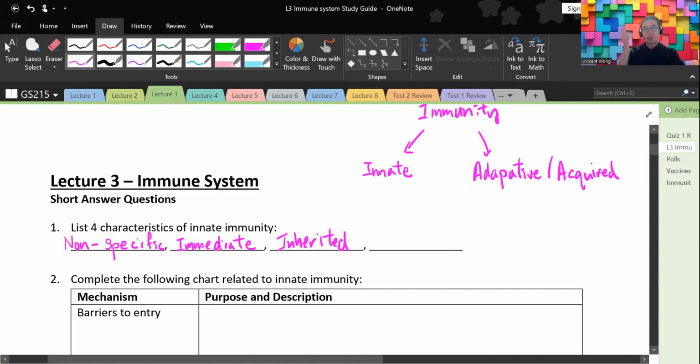The moment you come into this world, you are ready to fight pathogens because the innate immunity will be ready to go. And lastly, it has no immune memory. Right? It doesn't remember what you have fought off, and it's not a long-lasting type of immunity. Okay, so there you have it for characteristics.